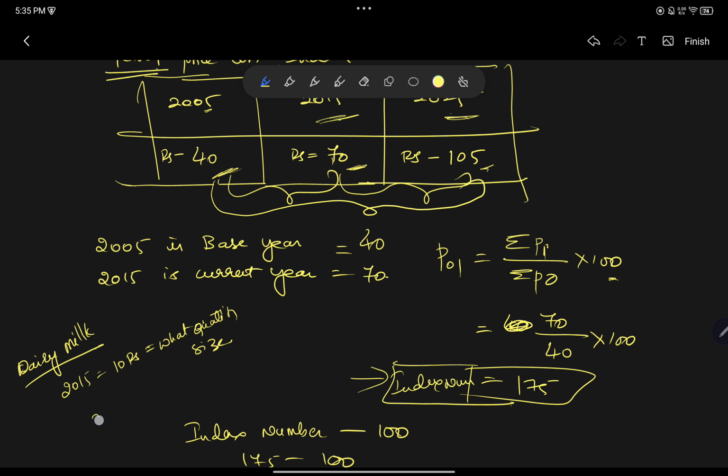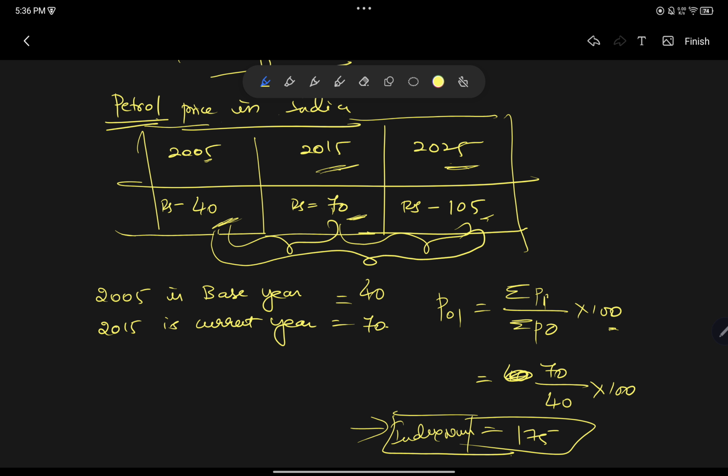Now in 2025, for the same 10 rupees, what is the size or quantity you are getting? You can compare it and see whether it is increasing or decreasing, and what are the reasons for the changes. All those things you can understand through index numbers. You can compare the quantities, you can compare the prices. Mostly prices are compared. When we learn different types of index numbers, there we compare the quantity as well as the prices.